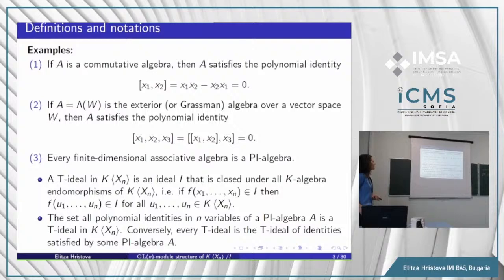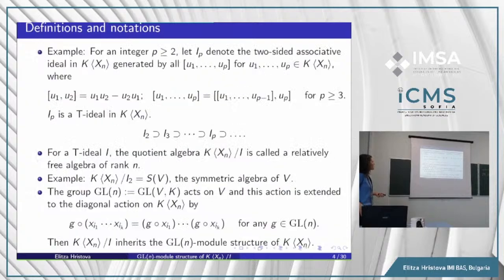And here are some examples. We already defined the double and triple commutator. In the same way, we can define a commutator of length p, which will be iteratively defined using this formula. And then the ideal generated by all commutators of a fixed length will be denoted by I_p, and this is an example of a T-ideal.